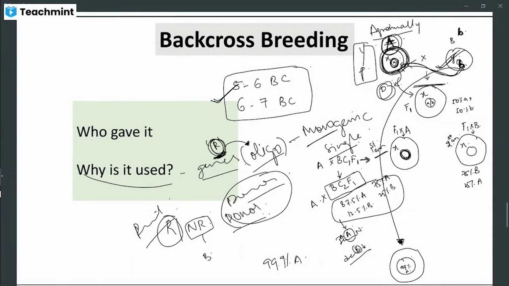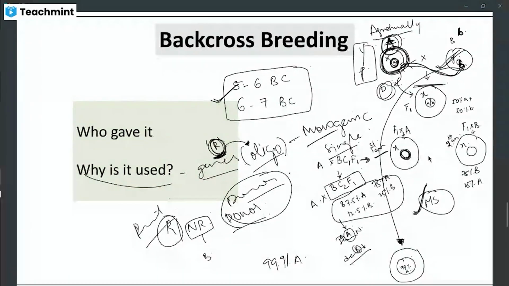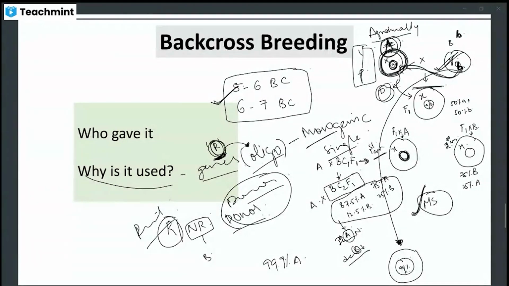So you can also transfer male sterility, right? So we can also transfer the male sterility genes, and we can also transfer the restorer gene. So in which system will you use the restorer genes?